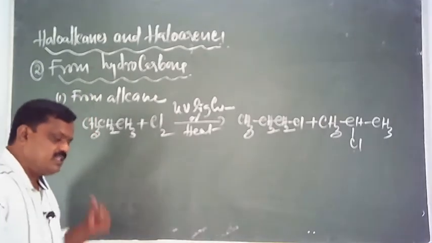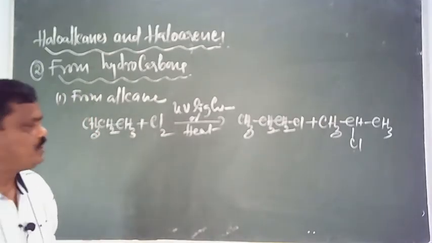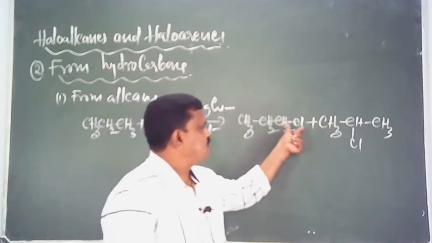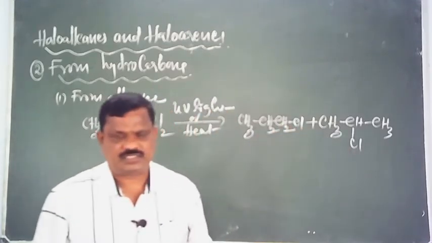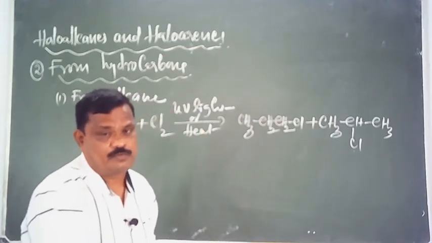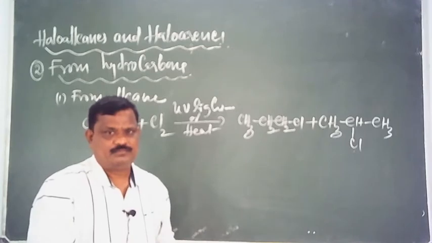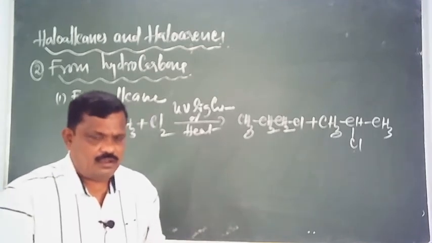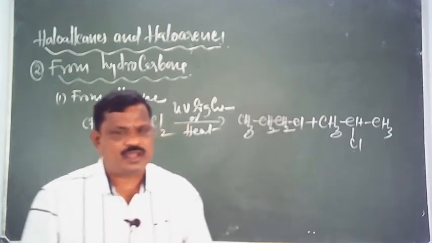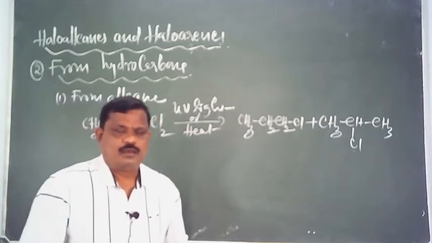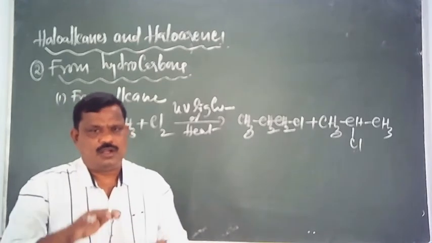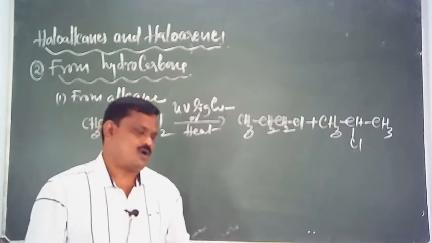But in this method, not only do we get mono substituted products, but also bi and poly substituted products. That means we get a complex mixture of isomeric halo compounds, monohalo, dihalo and polyhalo compounds.